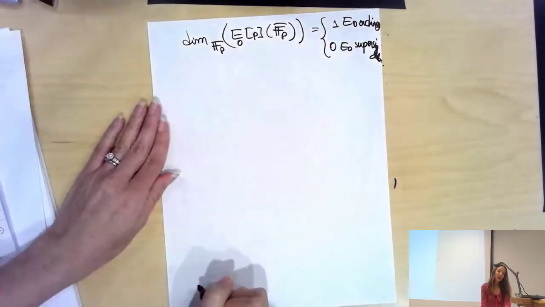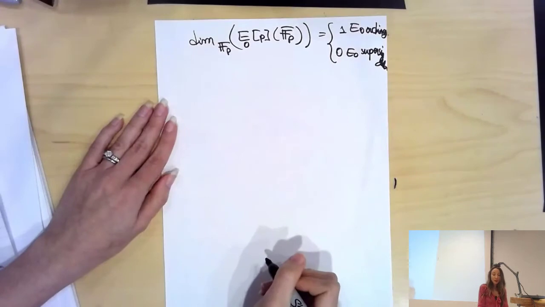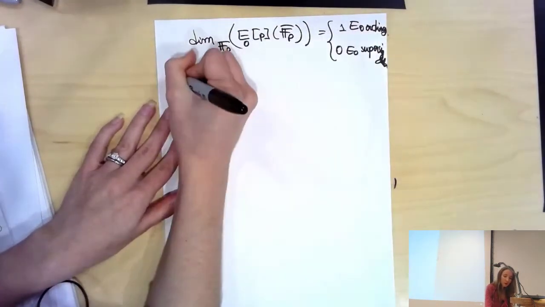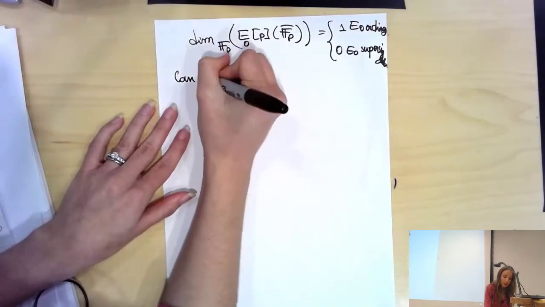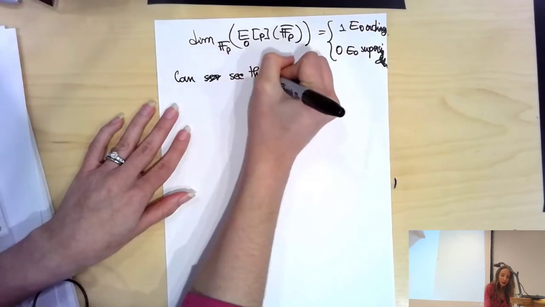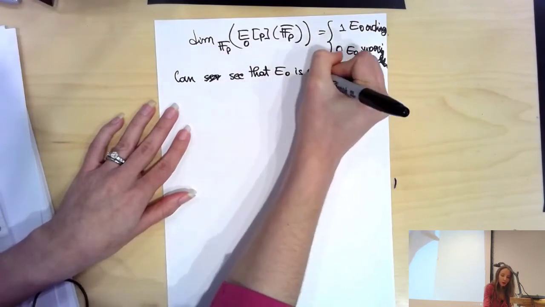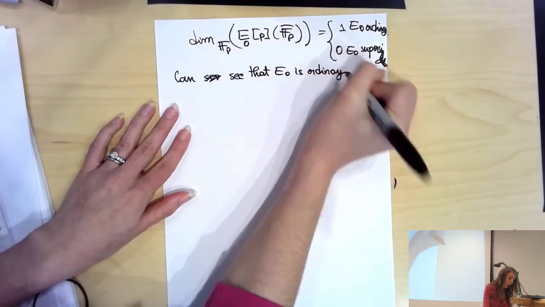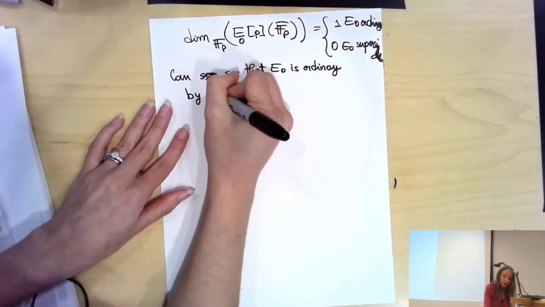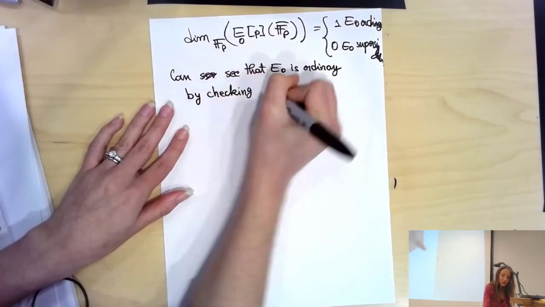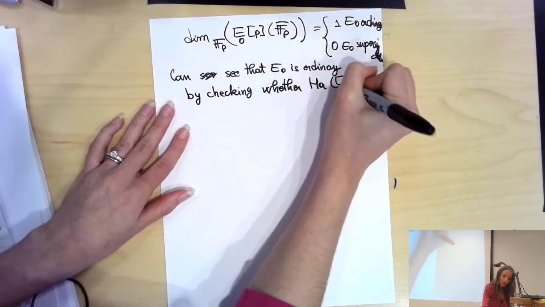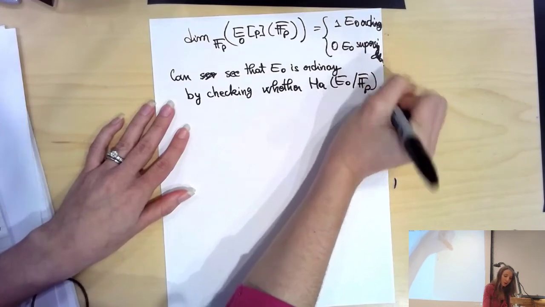All right. And one comment that I want to make, because this is going to be useful for what we do later on, is that you can detect whether E naught is ordinary by checking whether the Hasse invariant of E naught over F_p bar is invertible.